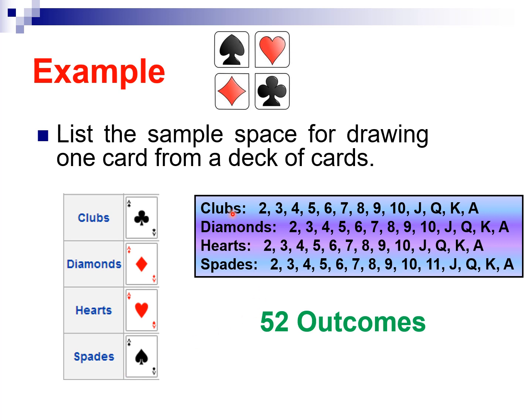Under the clubs, we have the number cards, 2 to 10, and then we have the picture cards, Jack, Queen, King, and we also have the ace. Under the diamonds, the same. We have 13 outcomes, so 13 times 4. So the sample space for drawing one card from a deck of cards is 52 outcomes.